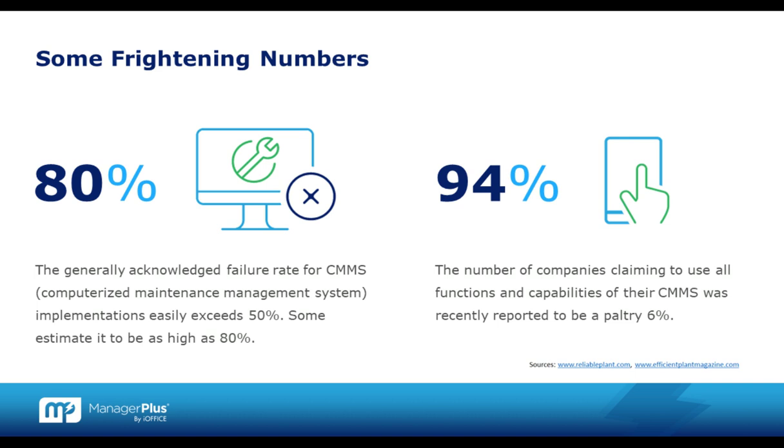Historically, CMMS implementations saw pretty high failure rates, and the findings vary based on how you define a failed implementation, but the studies show failure rates anywhere from 50 to 80%. These findings emphasize the importance of ease of use and user adoption. I'm sure Cody will agree.